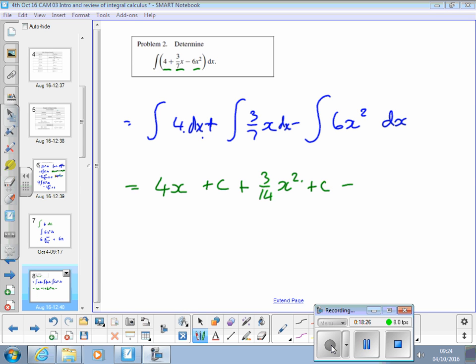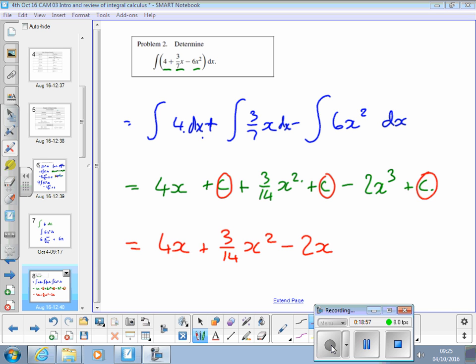Minus 2x cubed plus c. However, those constants are all just numbers we don't know, so you might as well write it with just the one big constant: 4x plus 3/14 x squared minus 2x cubed plus c on the end.